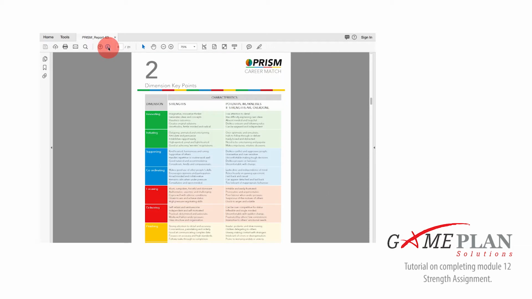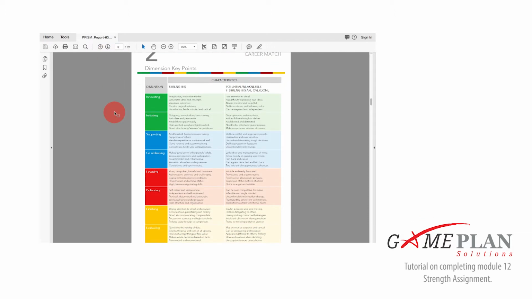If I then look at what that means in terms of helping to understand my key strengths, coincidentally on this particular page the first 3, innovating, initiating and supporting, are the key strengths that I have in my report. They're all at 95. So what I'm looking at here now is the description of the behaviours that are associated with those strengths. If I know that my natural strength is in innovating, then most of these statements, some or all of them, would apply to me.